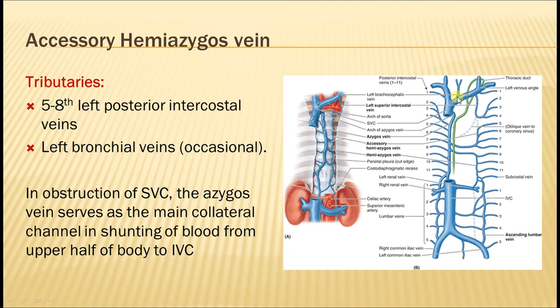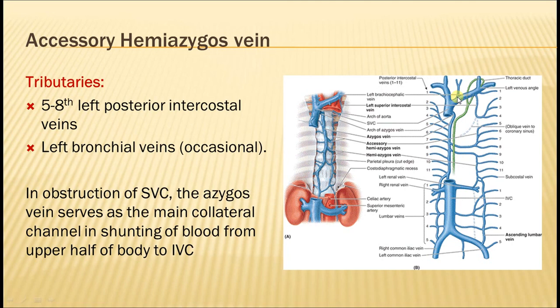The internal thoracic vein receives the anterior intercostal veins. The main trunk of the internal thoracic vein receives the anterior intercostal veins of the first 6 spaces, and the remaining spaces drain by one of the terminal branches of the internal thoracic vein, the musculophrenic.